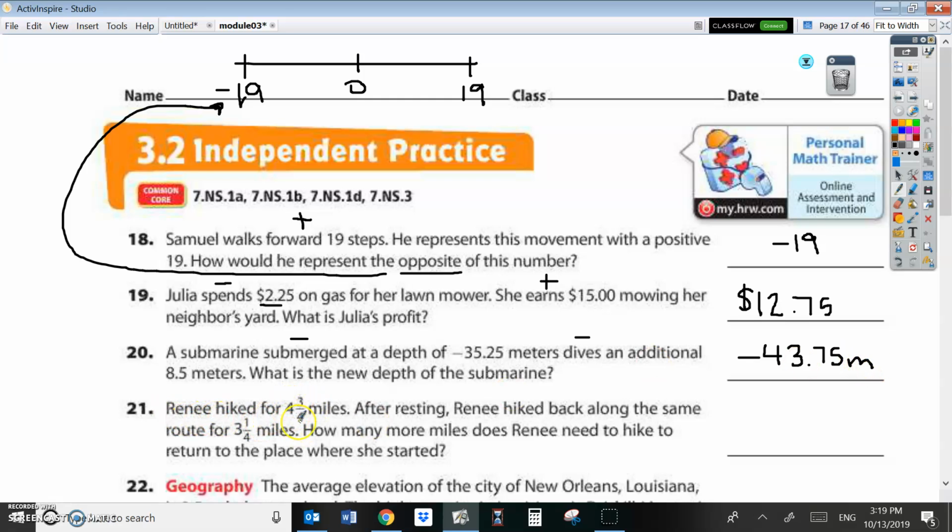Renee hiked for 4 3/4 miles. After resting, she hiked back along the same trail route for 3 1/4. So this is forward motion, and then this is backward motion. How many more miles does Renee need to hike before she returns to the place where she started? 4 3/4, 3 1/4.